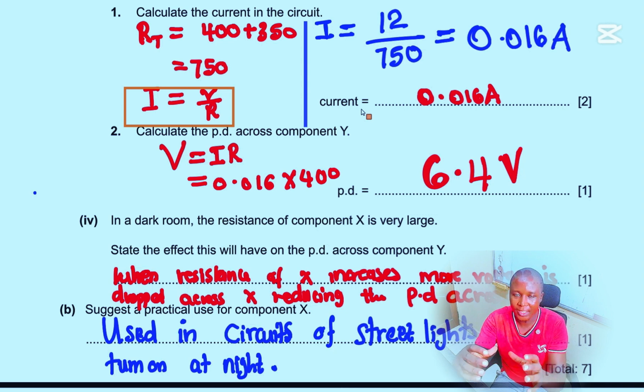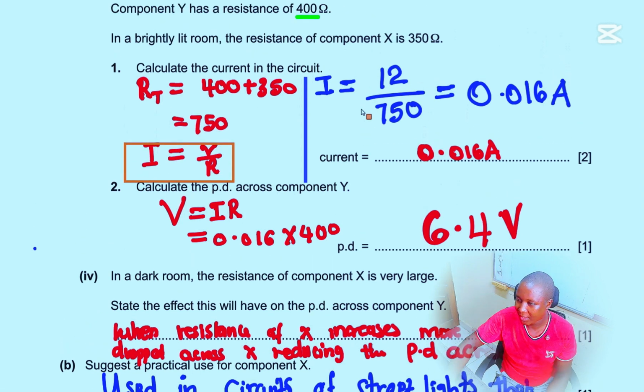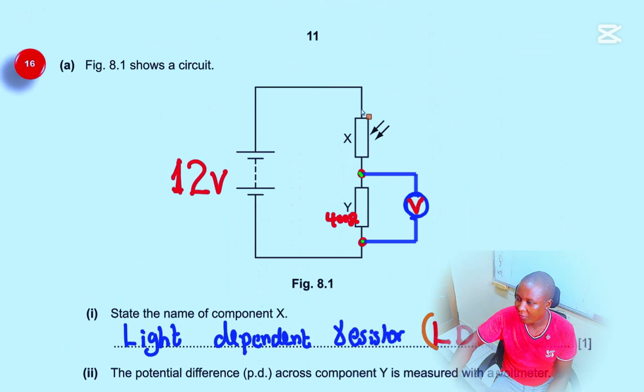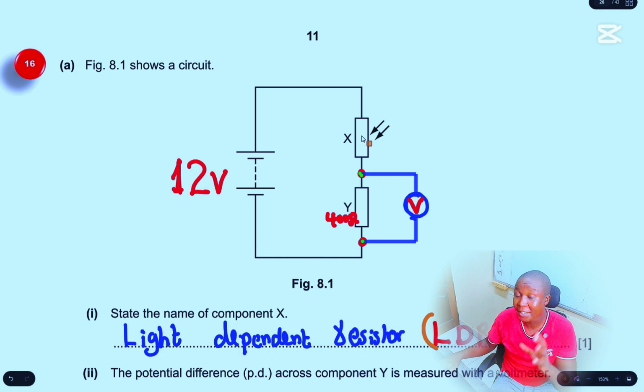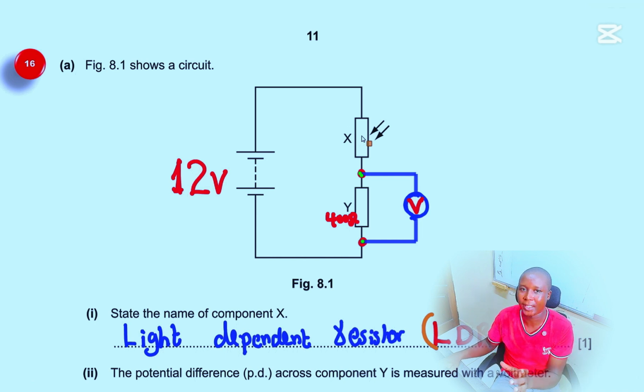So if you take this circuit in a dark room, the resistance of the light dependent resistor is going to increase massively. And when that happens, if the resistance of this component increases, it means there will be a larger potential drop in this particular section.